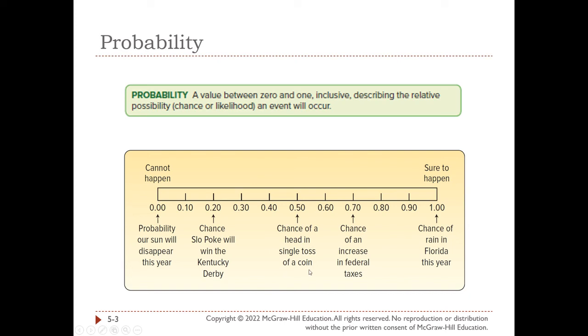Chances of a head in a single toss of a coin, it's usually a 50-50 chance. Chance of an increase in federal taxes, wow. Chance of rain in Florida this year, 1, 100%. Yeah, that's usually always the case. Now, you usually hear these in percentages. That's what basically they are.